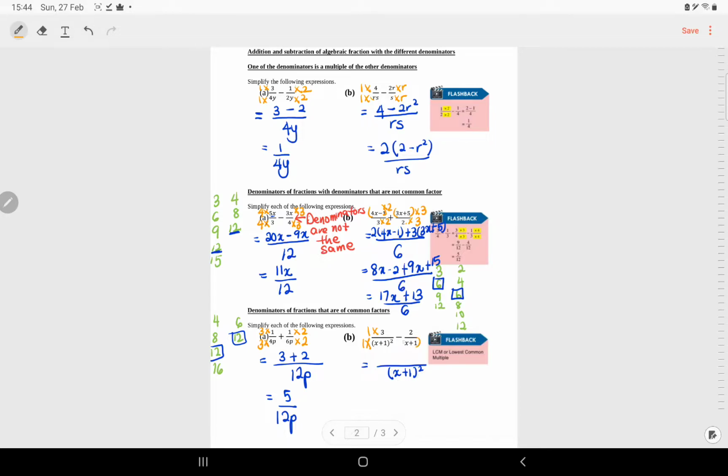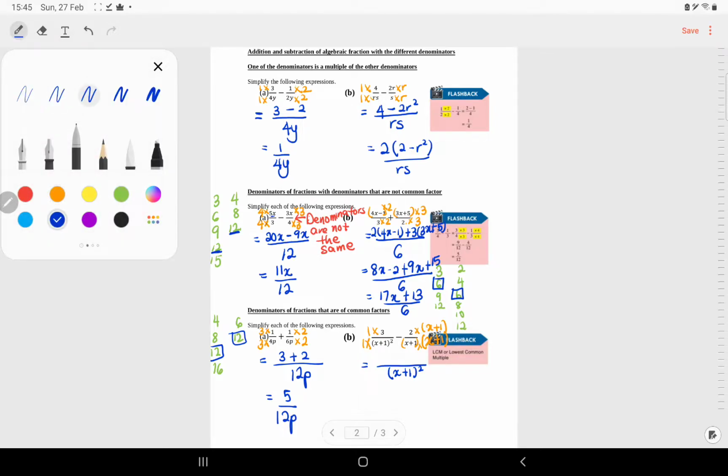I multiply by another x plus 1. So I also multiply the numerator by x plus 1.